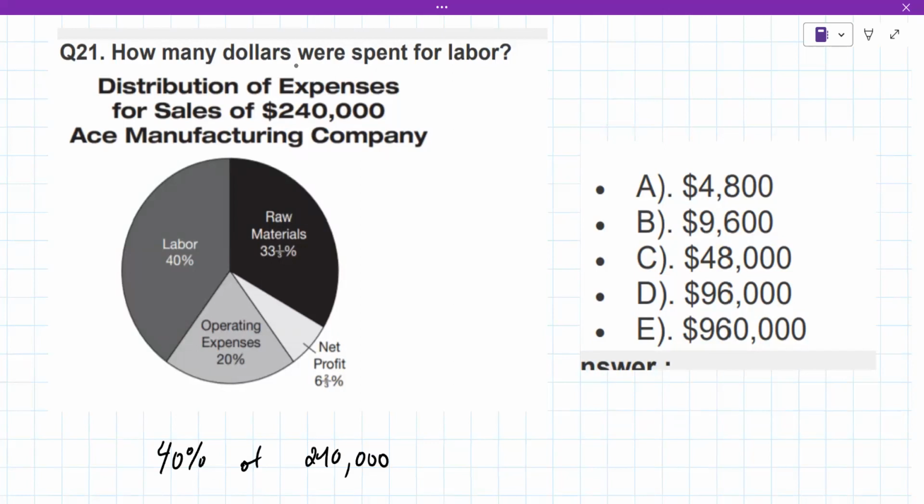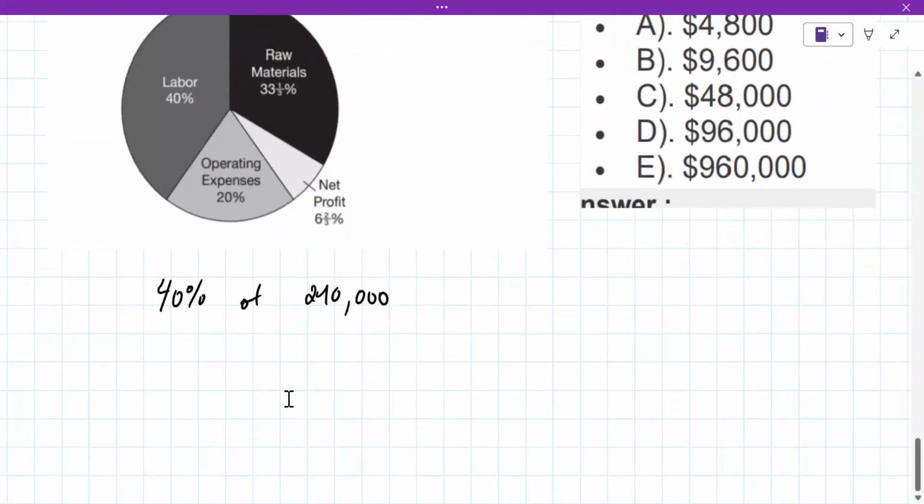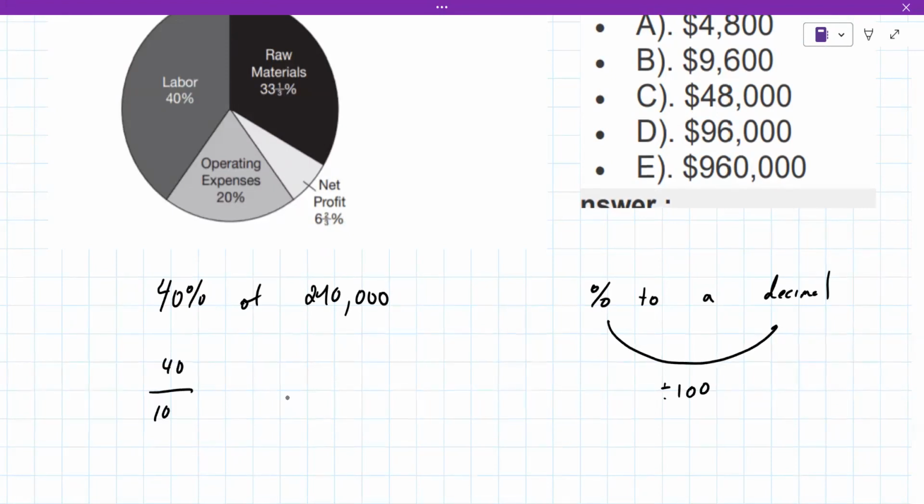Do you remember how to take a percentage and multiply it by a whole number? No. Okay, do you remember how to convert the percentage to a decimal? To do this, you divide by 100. You have to take 40 and divide it by 100.